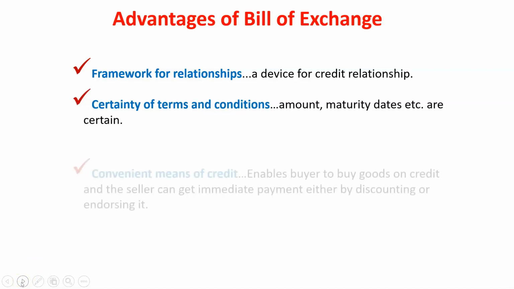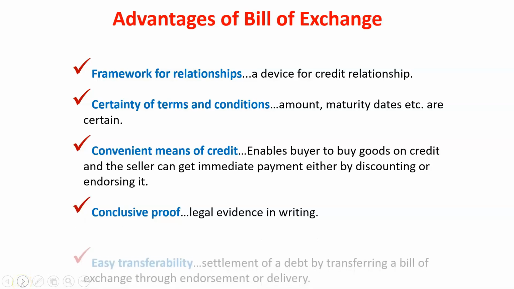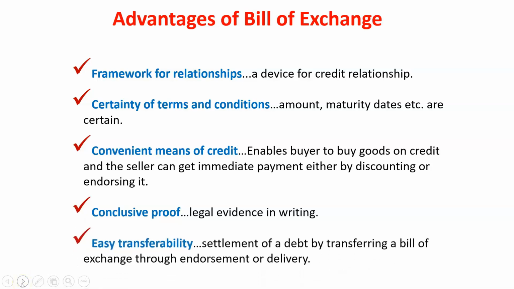It is a convenient means of credit, enabling a buyer to buy goods on credit, and a seller can get immediate payment either by discounting or endorsing it. It is a conclusive proof, providing legal evidence in writing, and has easy transferability. A debtor or seller can immediately settle his debt by transferring a bill of exchange through endorsement or delivery to one of his own creditors.